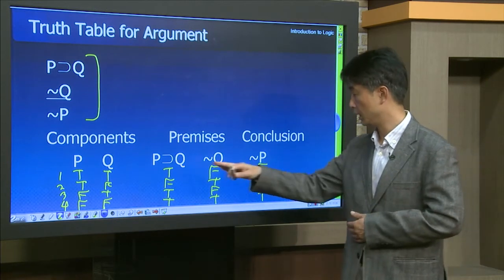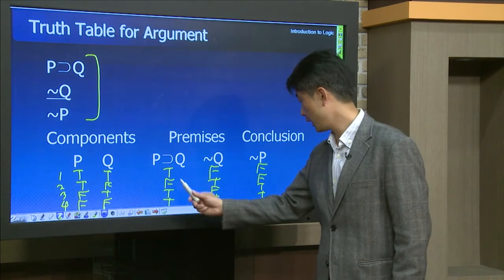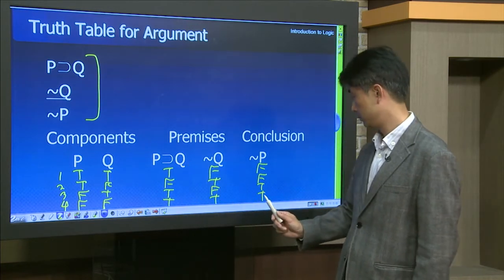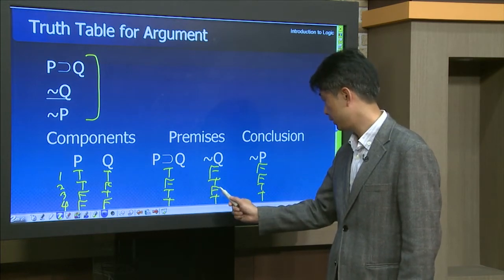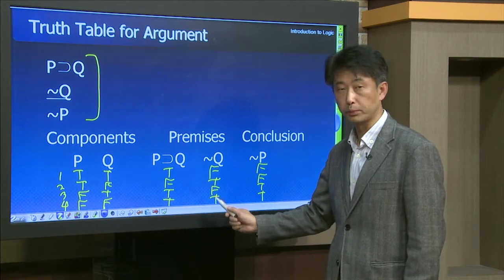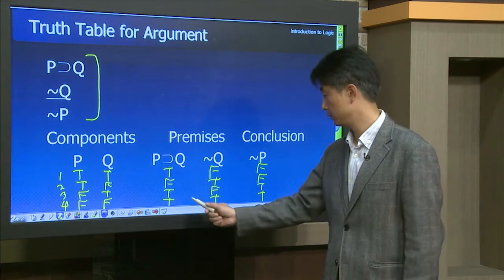Well, we have to examine one by one. So, is there any row in which all the premises are true? Well, TF, FT, TF, yeah. The last one is where all the premises, in this case 2 of them, are true.